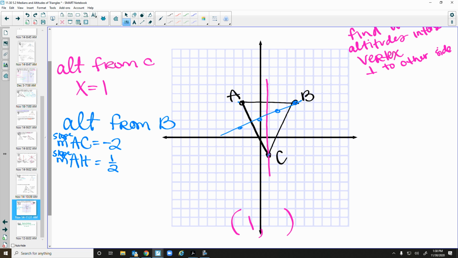So the equation of that line is y = 1/2 x + 2. If it didn't work out that nicely, maybe try the other altitude. Maybe that would be better. If neither of them work out that nicely, then use point-slope form.